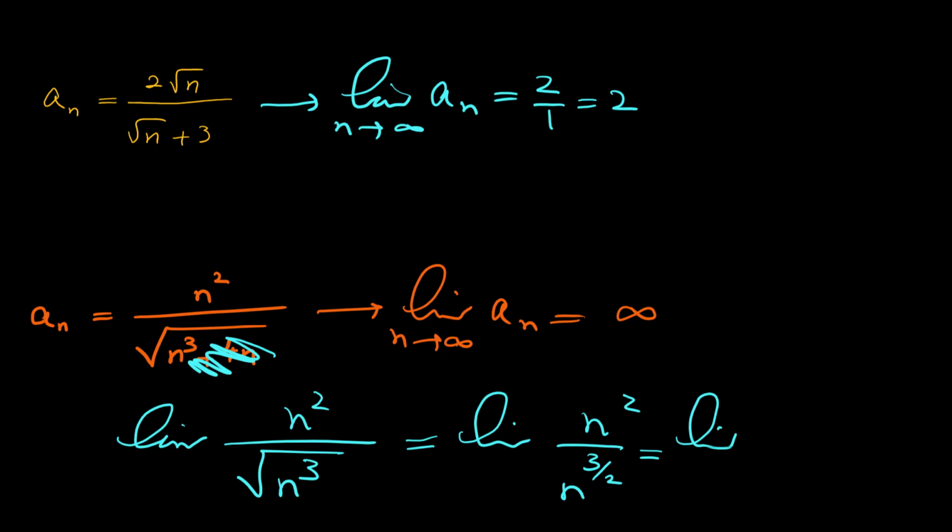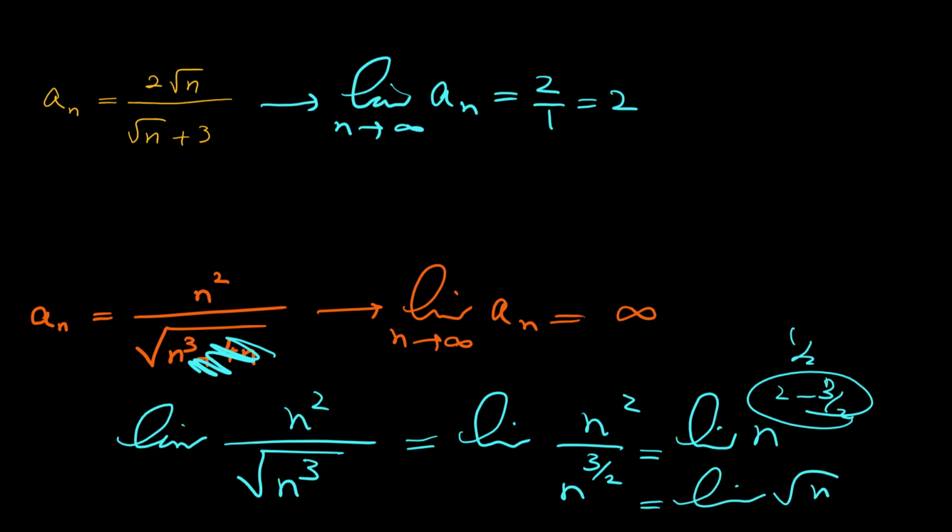Because here we have a division, we subtract the powers. 2 minus 3 over 2 would be 1/2. So we have limit of radical n when n approaches infinity. N to the 1/2 is radical n. And limit of radical n when n approaches infinity is infinity, because radical infinity is also infinity. A square root of infinity is infinity. And it's the same answer.